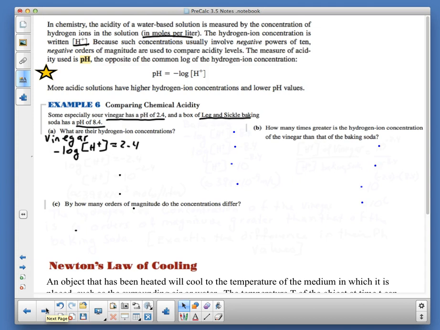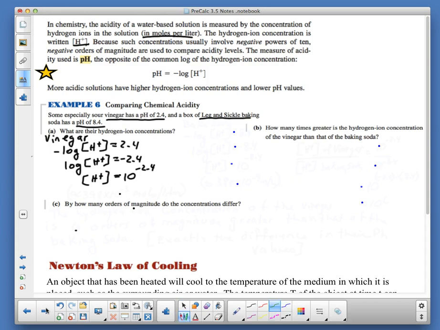Now, I can find the moles per liter on this. If I just look at this and I take this to the 10th power, all I did here at this point is divide by -1 on both sides, and I'm taking this to the 10th power. And when I do this with a common log, my answer is there.